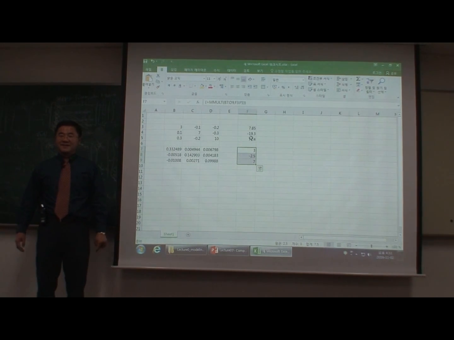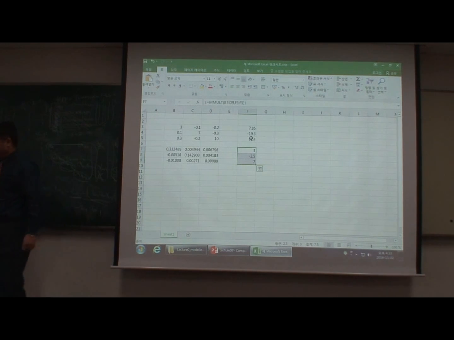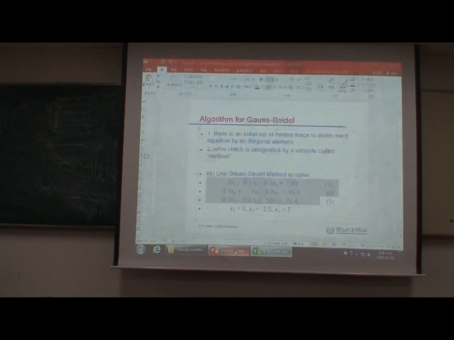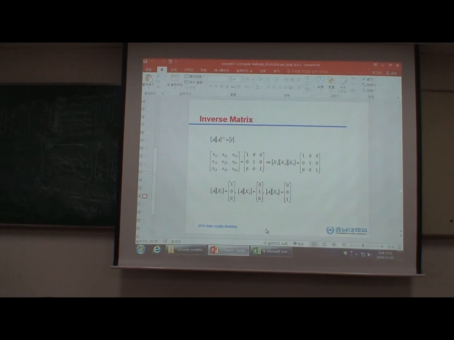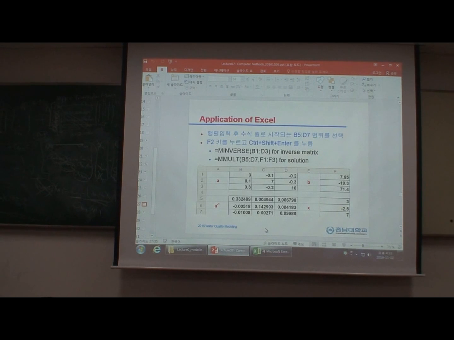Okay? Very easy. In other words, I explained how to do it in here, right? I used MINVERSE to calculate the inverse matrix, and I used MMULT to calculate the solution right there. You just select the area, use Ctrl Shift together, and then hit Enter.